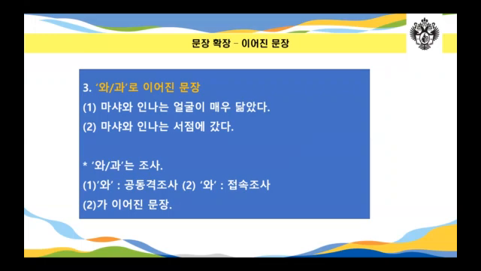Please focus on the particle 와. Sentences connected with 와, 과 are sentences in which a noun, 체언, and a noun are connected by a conjunction. Number one is connected with the joint case particle, 공동격조사, 와. And second is connected with the conjunctive particle, 접속조사.